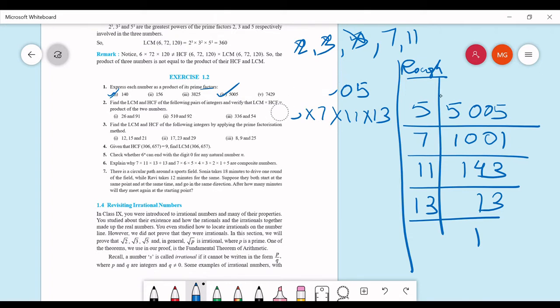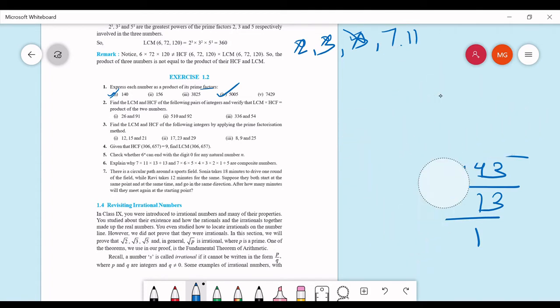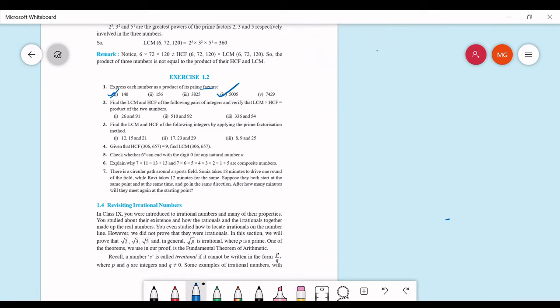Now we'll move on to our next question. Question number 2. Question number 2 says find the HCF and LCM of the following pairs of integers and verify that LCM multiplied by HCF equals to the product of two numbers. See, in our previous lecture I told you about this rule that the product of the two numbers that has been provided to us will be equal to the LCM and HCF of those numbers, right?